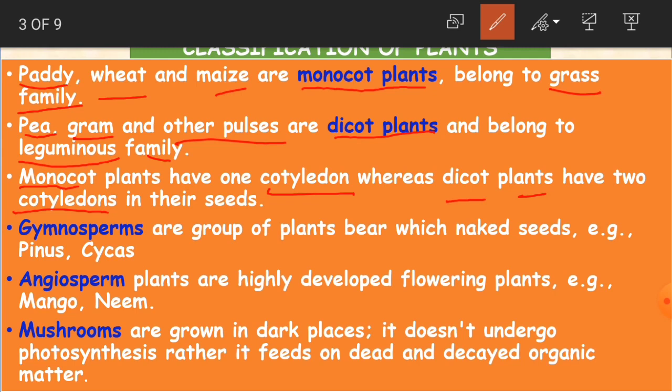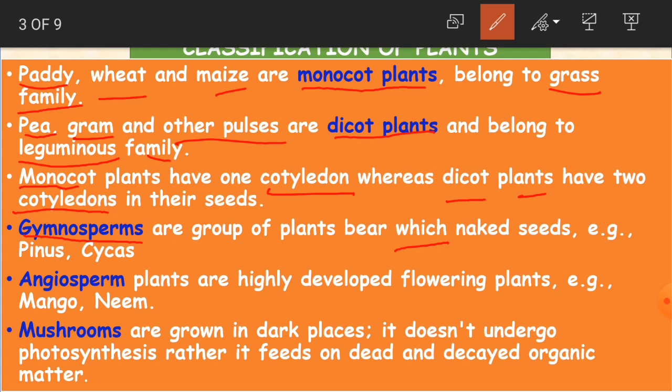Now what are gymnosperms? Gymnosperms are a group of plants that bear naked seeds. For example, pinus, cycas, and so on. They are flowerless plants, children, they do not have flowers.